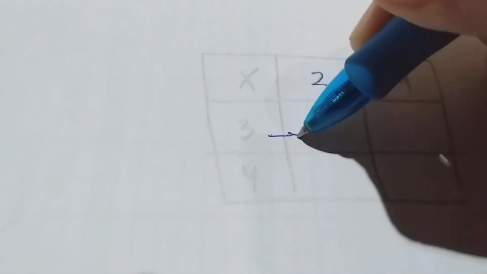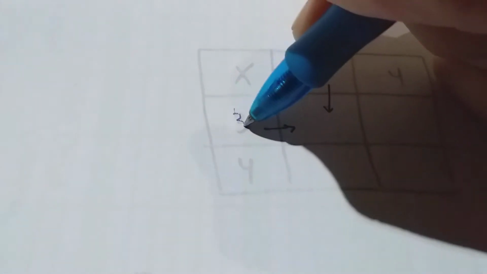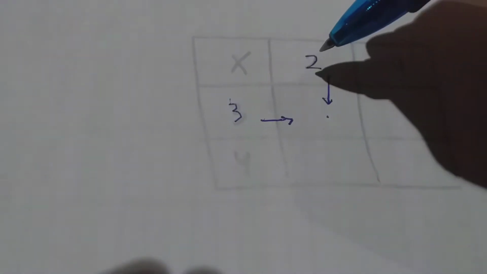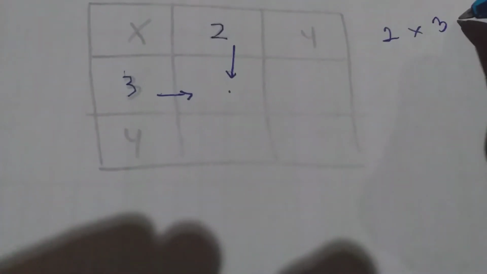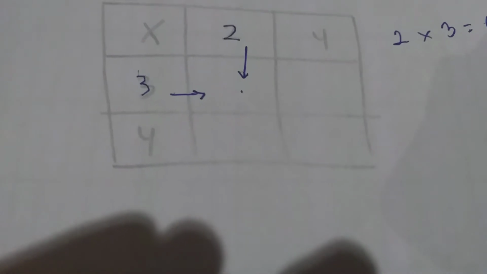So here, if you see number 2, if you put a line, it will meet with number 3 in this square. That means 2 times 3 becomes 6.